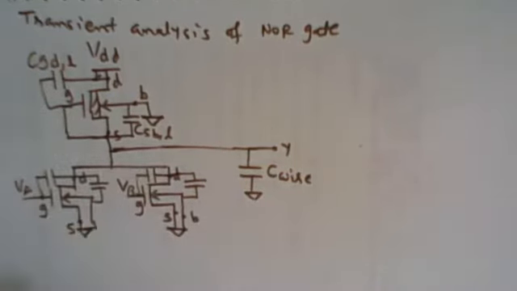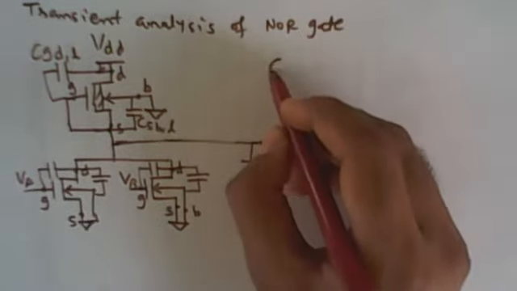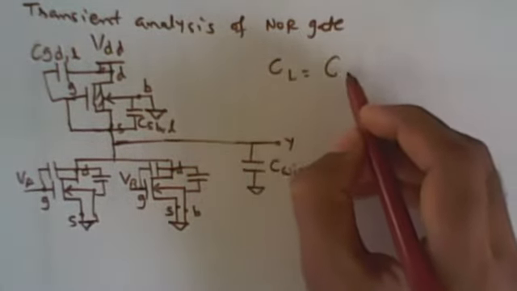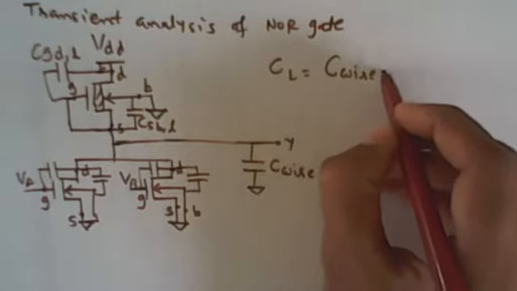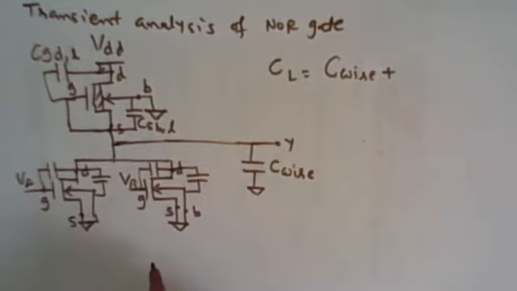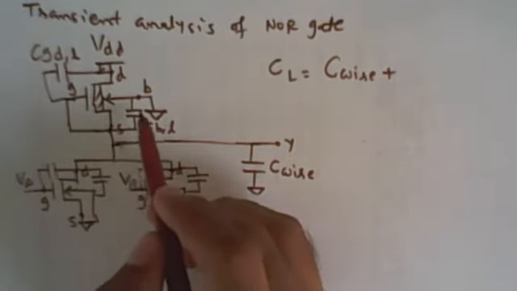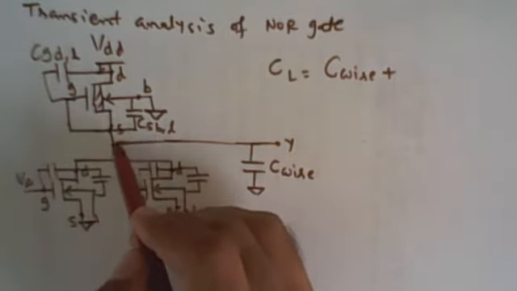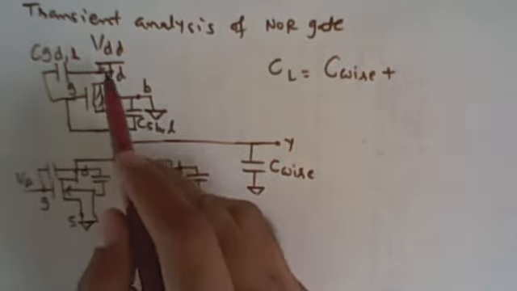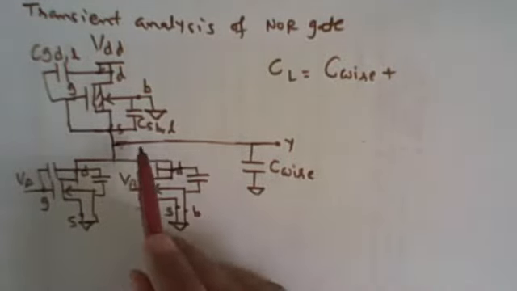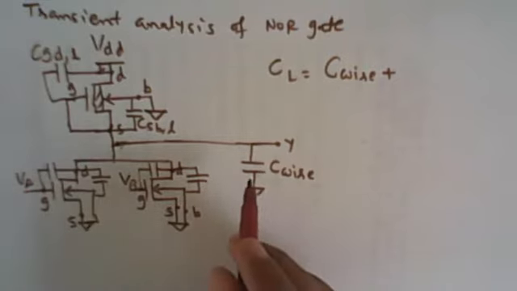So the total C load capacitance is the C wire capacitance plus all the capacitances that come in parallel if you draw its AC equivalent network, because all the capacitances are between output and ground. So DC is also connected to ground. This CSB is between output and ground, and this is also between output and ground. So both are in parallel. In the same way, all these capacitors come in parallel.